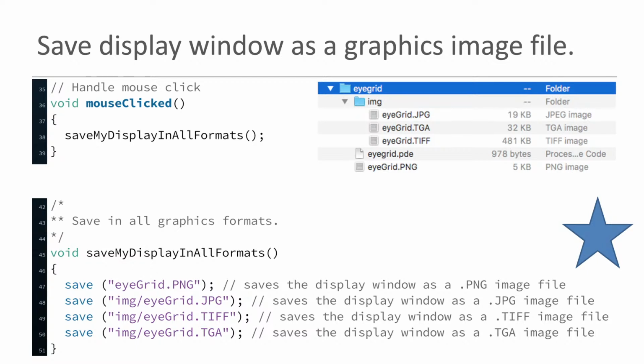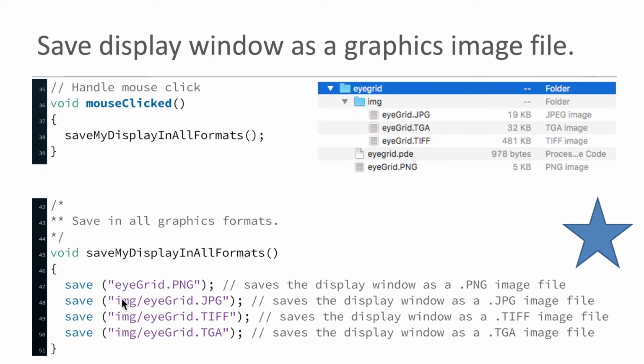So Processing makes it very easy to save files, and it's saving your display window by using the save function. Now this is built into Processing. It's called save. You pass in a file name, and it works out from the file extension what type of file format you want.